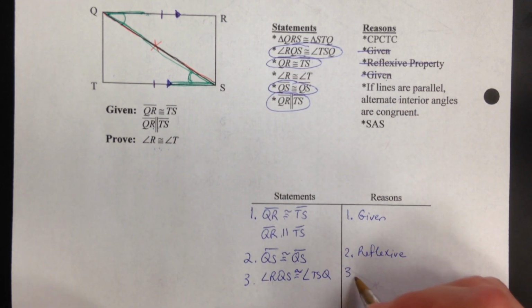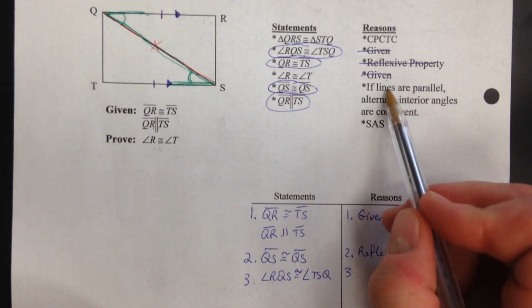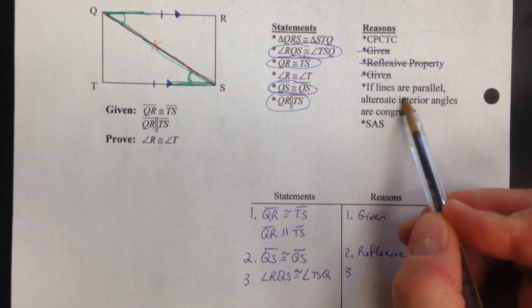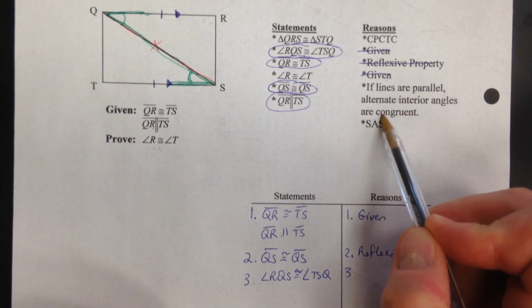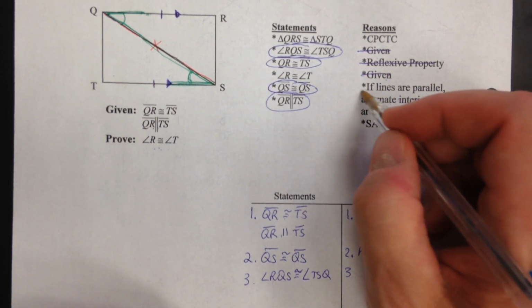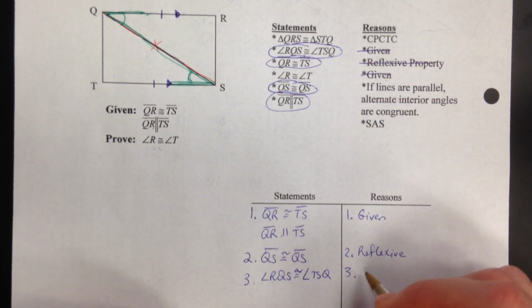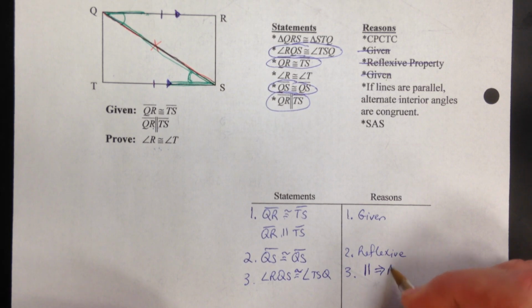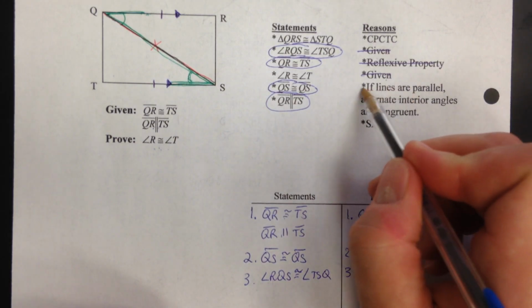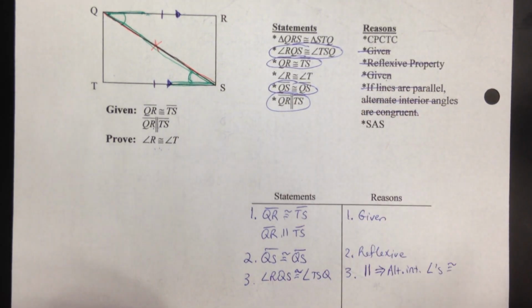Okay, now why are we allowed to say that? Well, if the lines are parallel, the alternate interior angles are congruent. Now I'm going to abbreviate that a little bit. I'm going to say parallel lines implies alternate interior angles congruent. Okay, that's just an easier way to write that out.